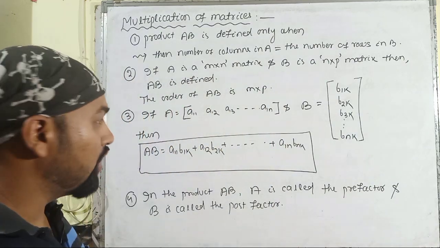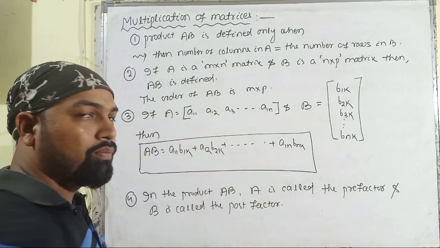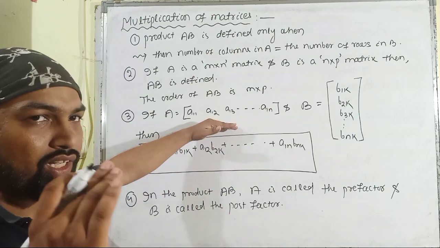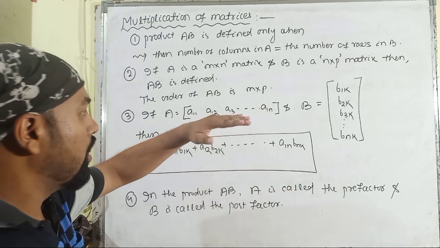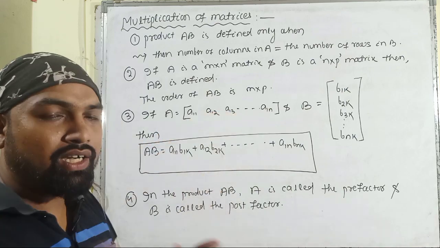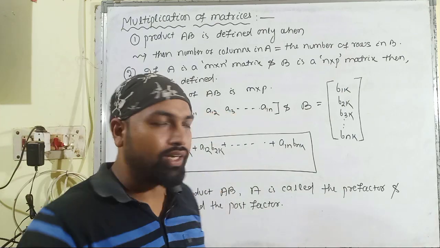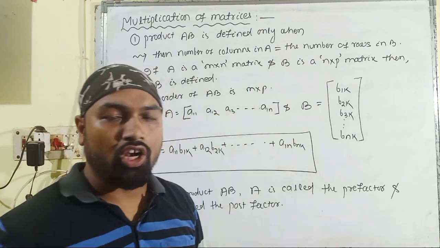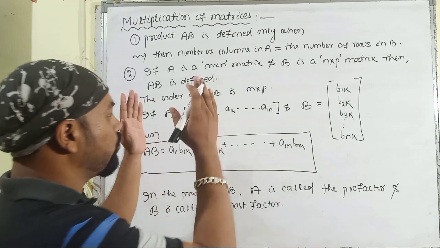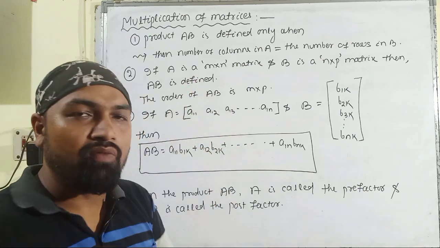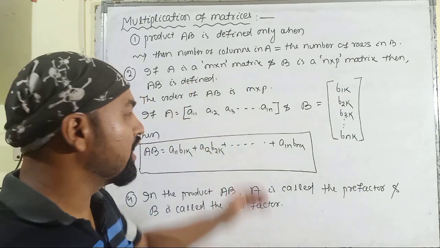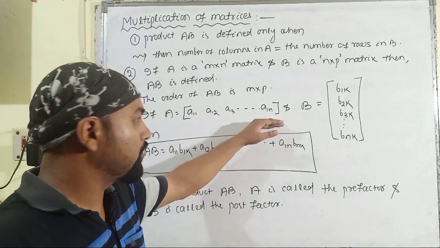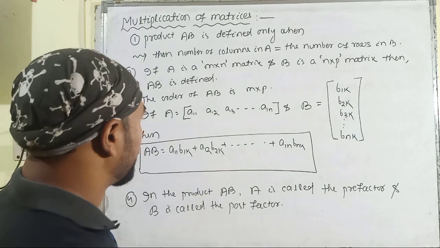So this is the condition in which we can multiply two matrices. And what is the fundamental for the multiplication of two matrices? I have taken a row matrix here, because based upon this fundamental, matrix multiplication is evaluated. A is a row matrix, B is a column matrix. First of all, the question is, is AB defined? That means whether matrix multiplication is possible or not in the given two matrices.